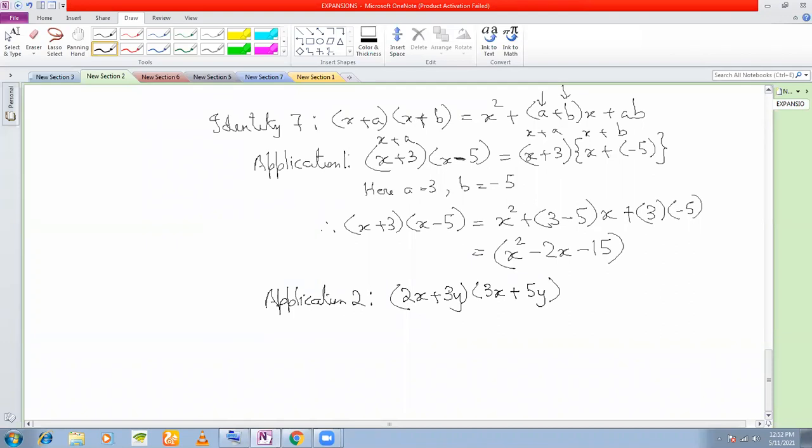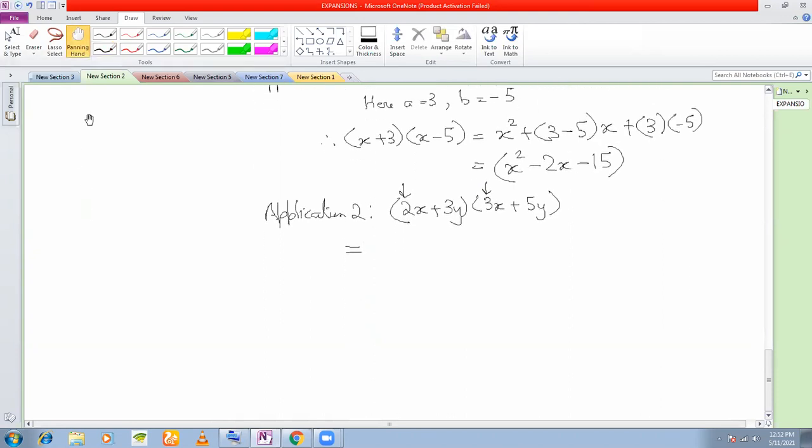I will apply (x + a)(x + b), but the problem is that the coefficient of x here is 2 and here is 3, whereas in the identity I have coefficient 1. So I will first try to make the coefficient of x 1.